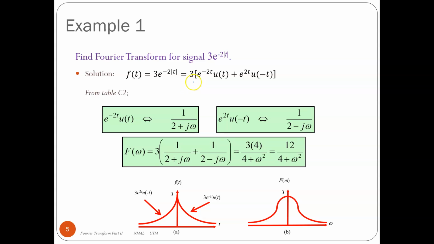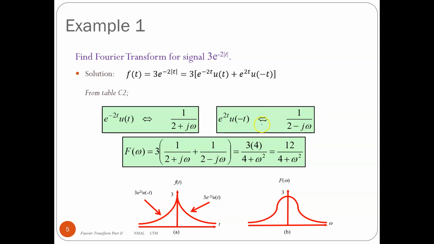This is basically equal to 3 exponent negative 2t u(t) plus exponent 2t u(negative t). From table C2, we find that for exponent negative 2t u(t), the Fourier transform pair is 1 divided by 2 plus j omega. And for the other one, if the t is negative, the omega should be negative as well.